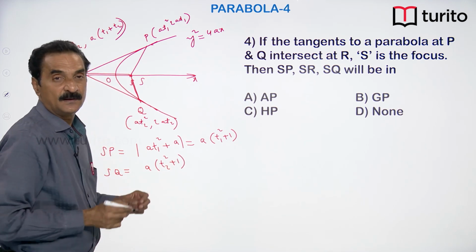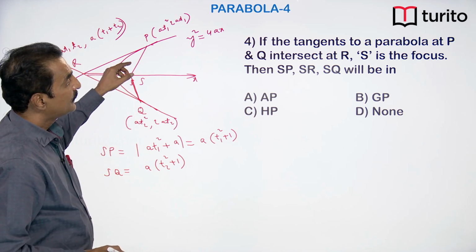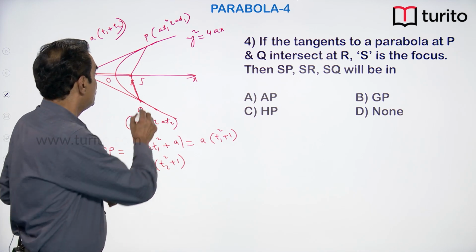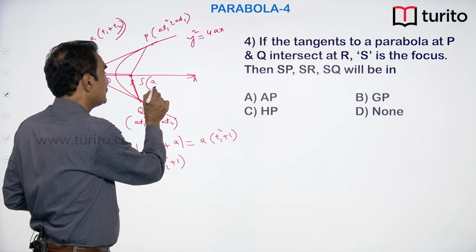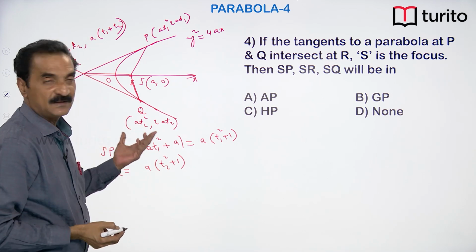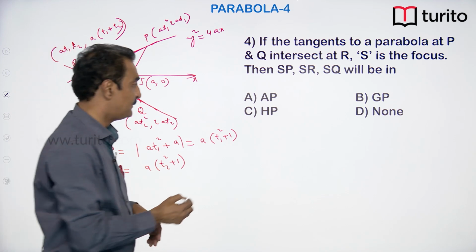Okay. Now, SR. What is S? Focus of this parabola is (a, 0). For SR there is no direct formula, we have to calculate by using the distance formula.